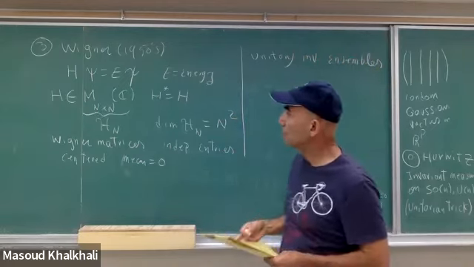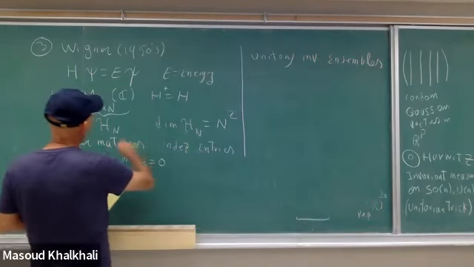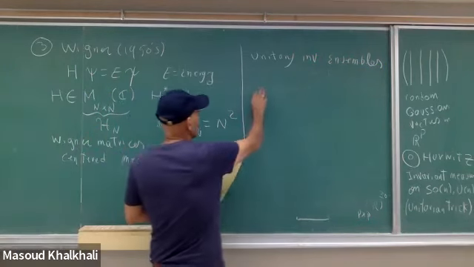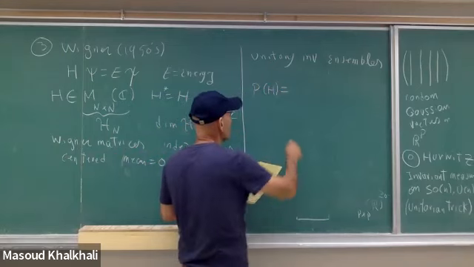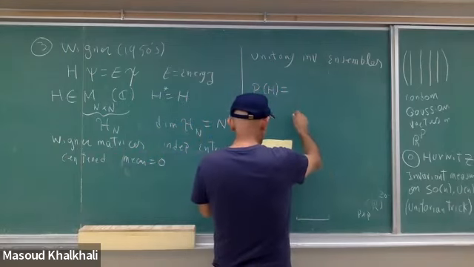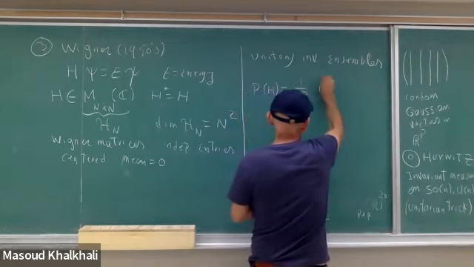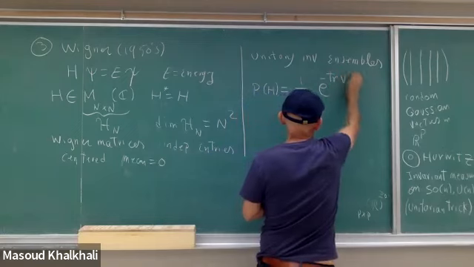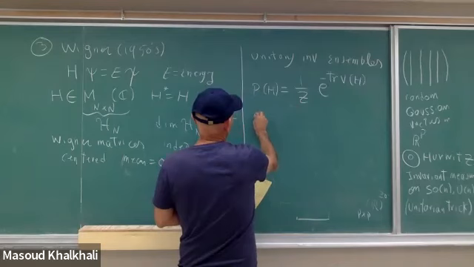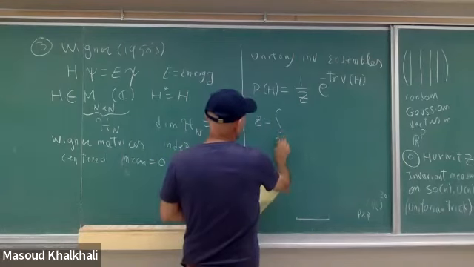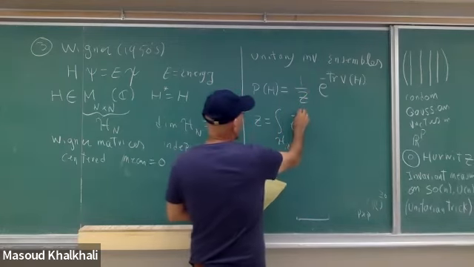So what you can do in this case is you put a different probability measure on H_n. Basically, you declare the probability of some matrix to be given by something like 1 over Z, exponential of minus trace of V of H. So this Z obviously is the total integral, a normalization.